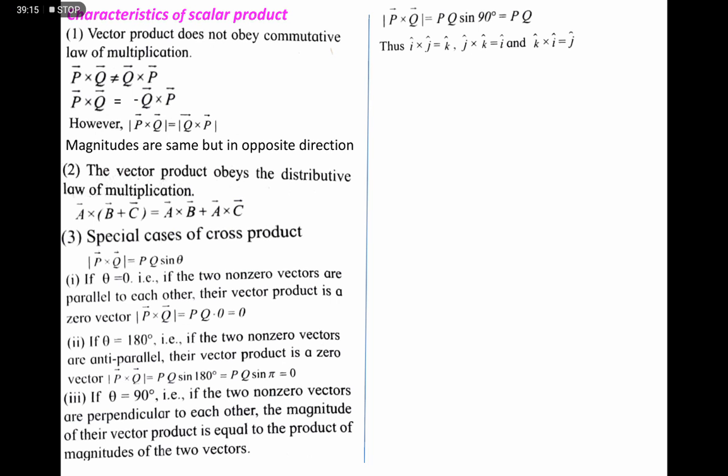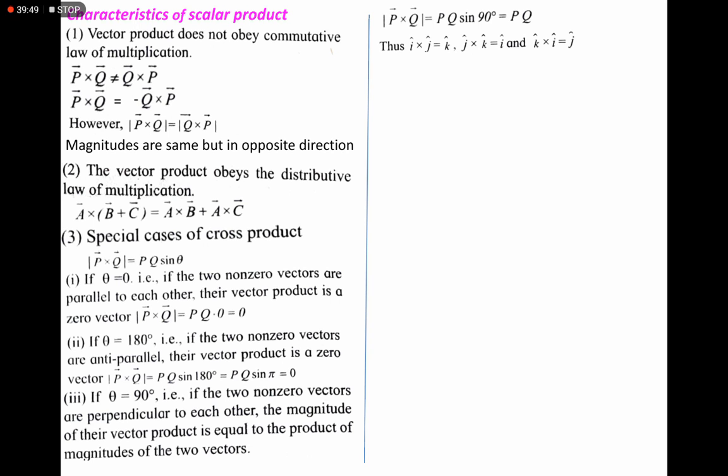With this rotation, I bar, j bar, and the next vector j bar, in the anti-clockwise direction, we get the third vector k bar. It is positive if the rotation of the vectors is in the anti-clockwise direction.